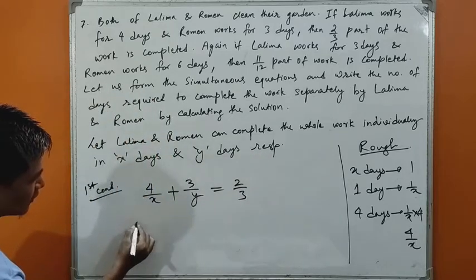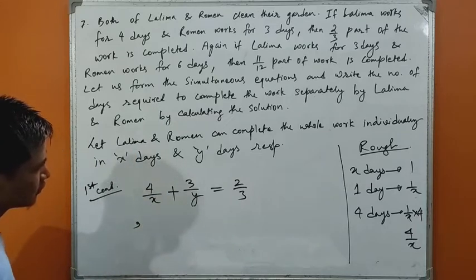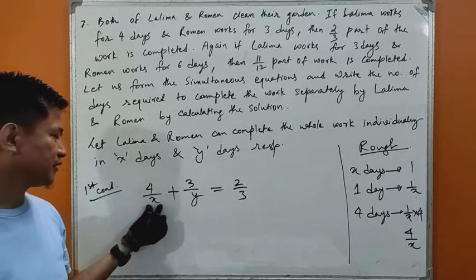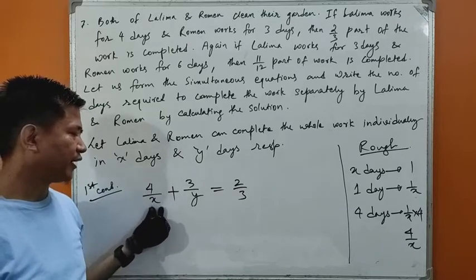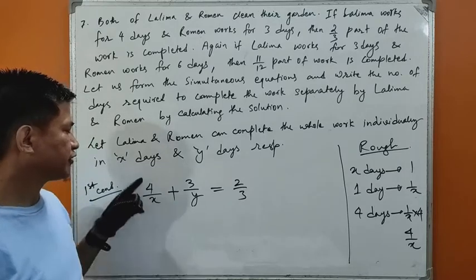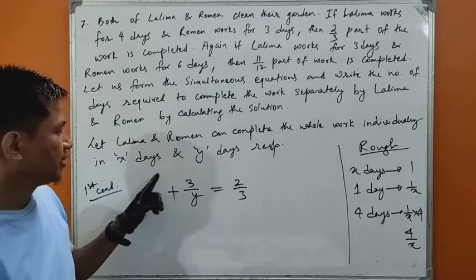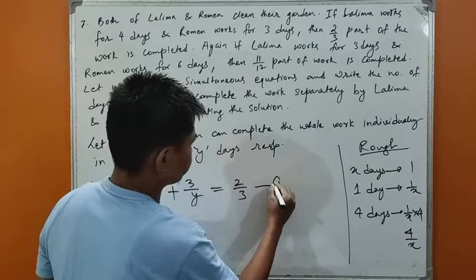So let us simplify this equation. LCM of x and y. So if there is variable number in the denominator, if x and y are in the denominator, we need not take the LCM. What we do is we make the numerators equal and eliminate. Okay, this is equation 1.